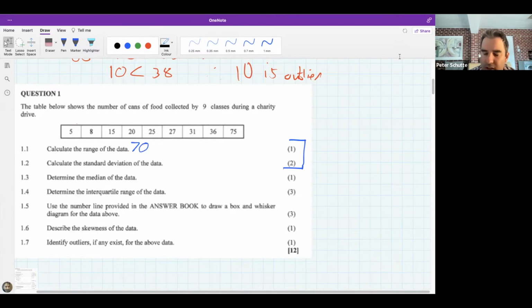So remember, when you get the standard deviation, you first have to hit mode. So I'll tell you the steps. You go mode, then stat, and then 1 for var, and then you put your data set in. So you go 5 equals 8 equals 15, and you put all the data in, and then you hit AC.